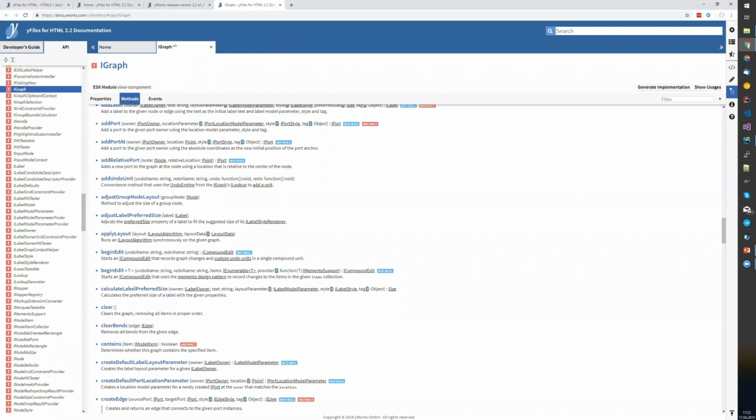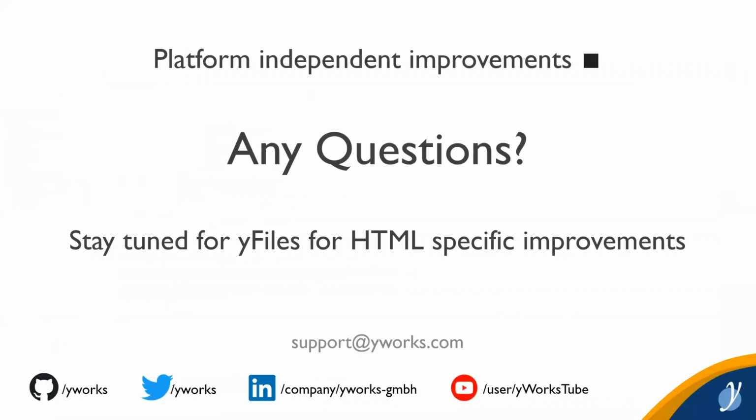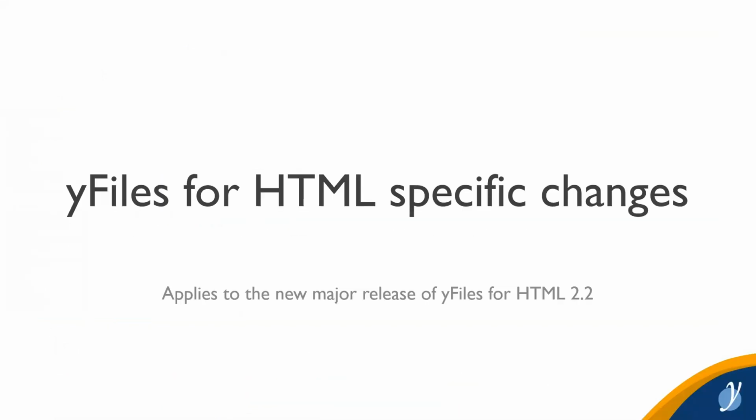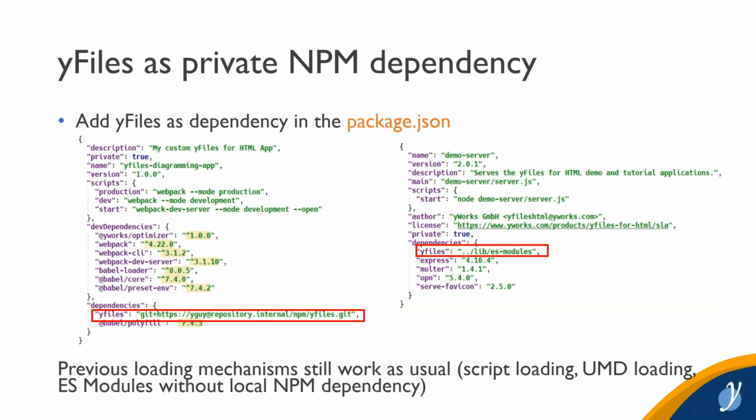Okay, so next to the yFiles for HTML specific changes. This applies to the new major release of yFiles for HTML, which was just released last week. And the one thing that really changed the way that people develop with the library is that we changed the way that yFiles for HTML can be bundled in the demo package.